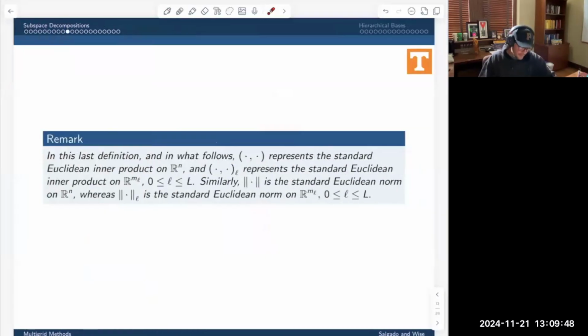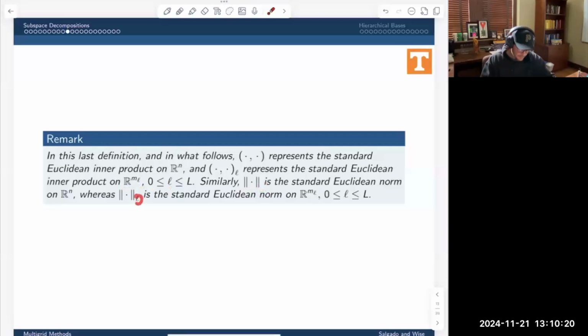Okay. Now, I want to point out that in all of the computations that follow, I'm going to use the same notation. An inner product with no symbol down below means the standard Euclidean inner product on R^n. So just dot product. And if I have a subscript L, that represents the standard Euclidean inner product on R^{M_L}, from L equals 0 up to capital L. Similarly, if I have a norm, that just means Euclidean norm, as long as there's no subscript.